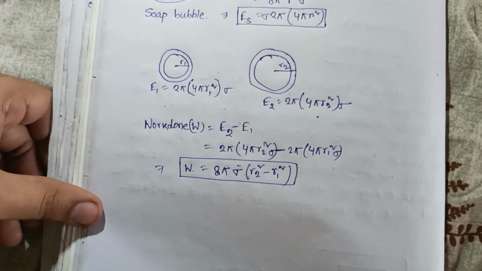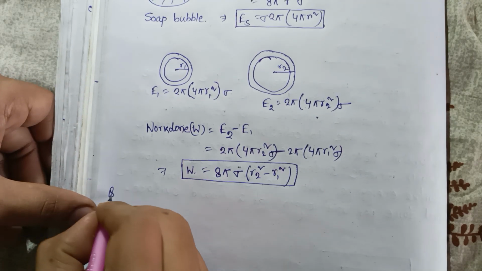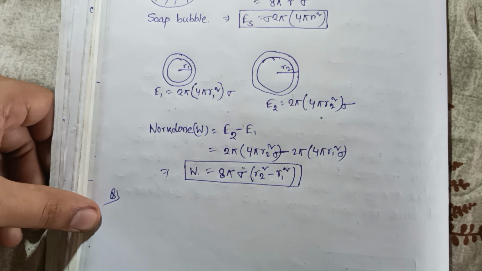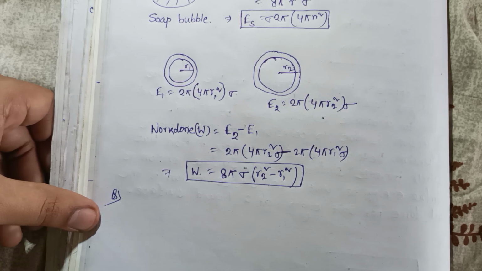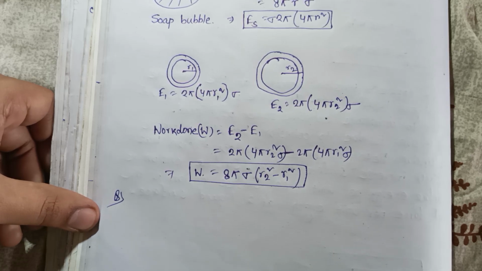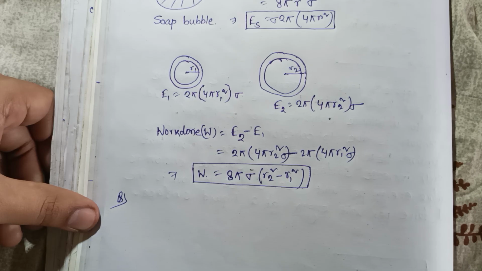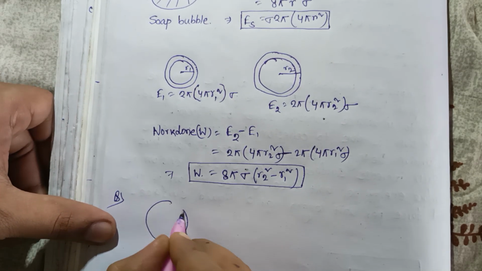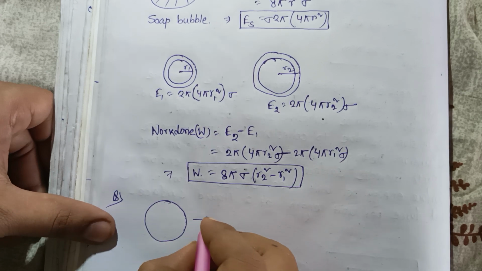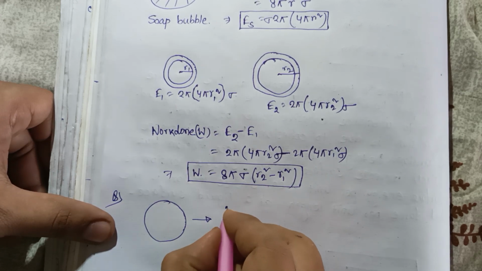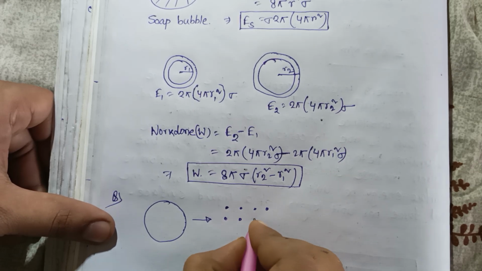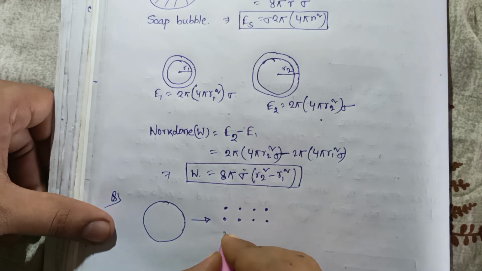Now there is one question. A spherical water drop of radius R splits up in air into n smaller drops of equal size. Here in the question there is a spherical drop, and it is converted into n number of small drops of liquid.